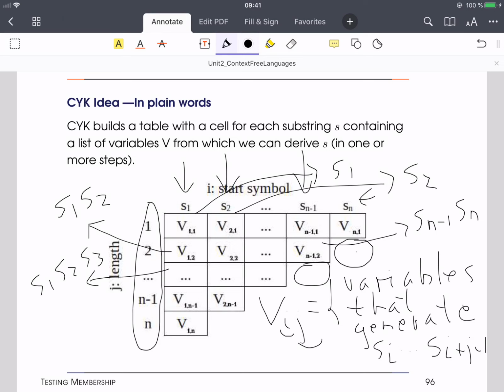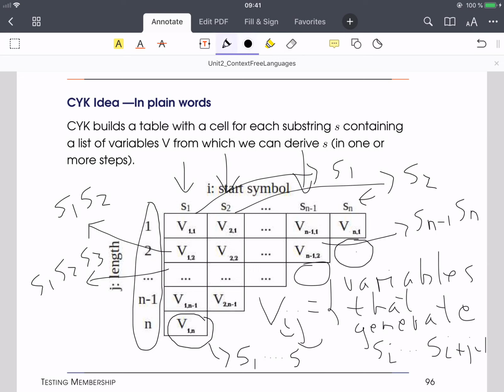What we are interested in is the content of this cell here, the last cell, the only cell in the last row of the table. Why? Because here we have the variables that generate the string that begins with s1 and has length n, so they go all the way until the last symbol of the word.